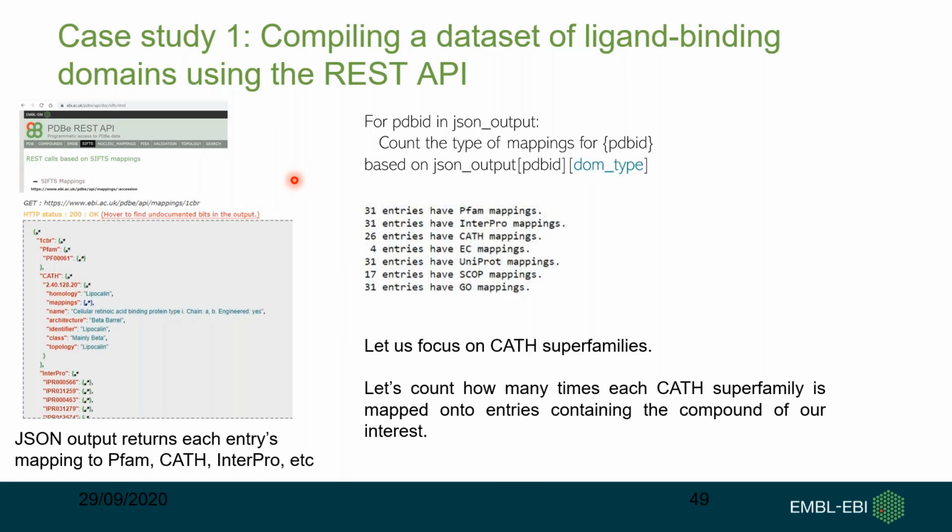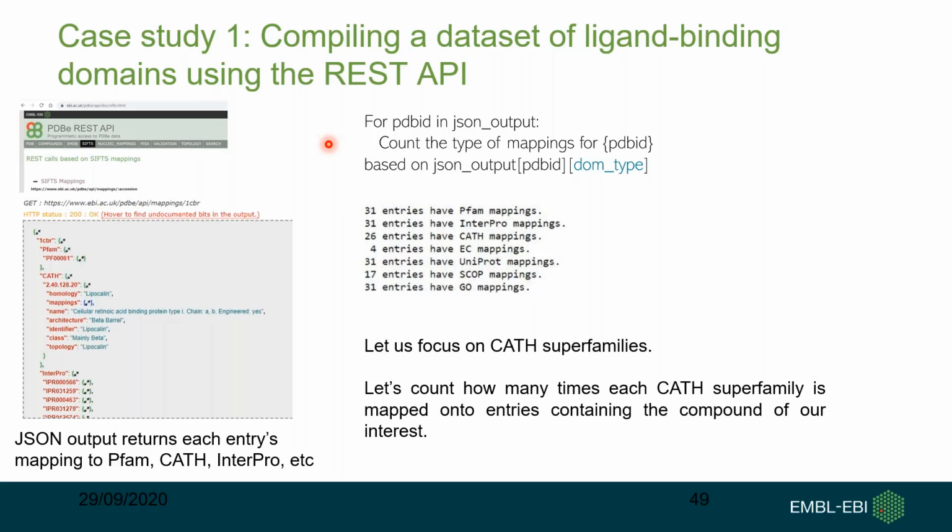Now let's do a simple data analysis. Using this JSON output, what we can do is simply count the type of mappings. For example, how many entries map to PFAM, how many entries map to CATH. Here is showing only for 1 entry, which is 1CBR.